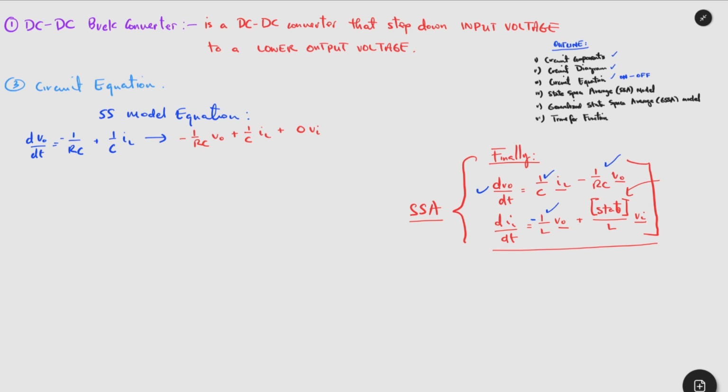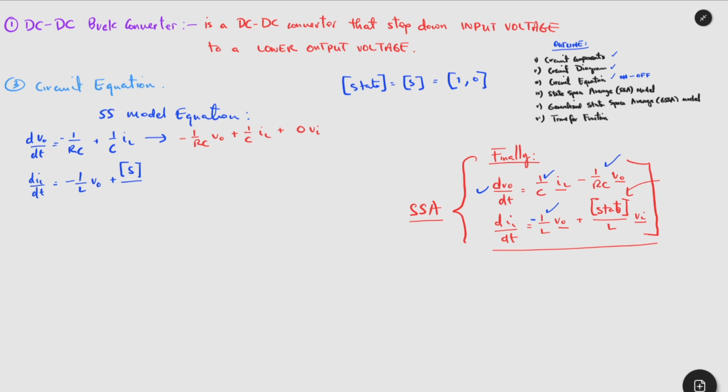And second, we have the dIL/dt, which is equivalent to minus 1 on L V naught plus the state, maybe we can represent it using S, where it is equal to the switching behavior. Previously we said state can be equal to this S, and it can be 1 or 0.